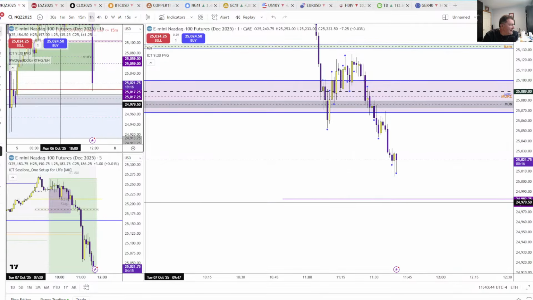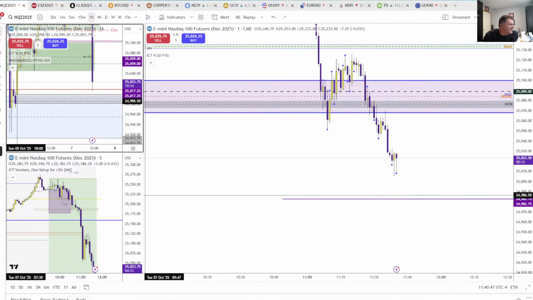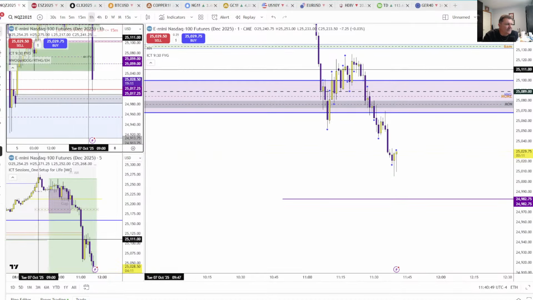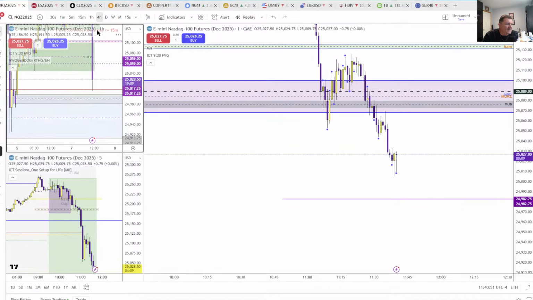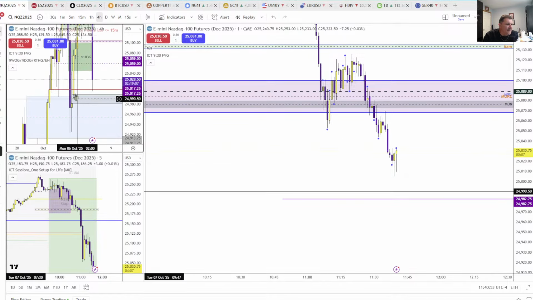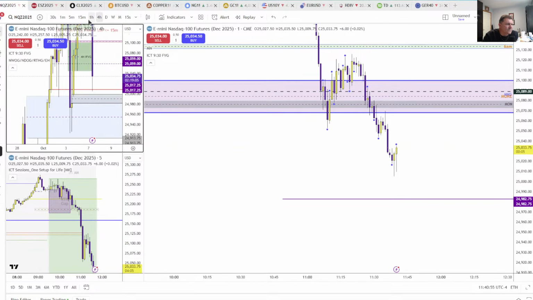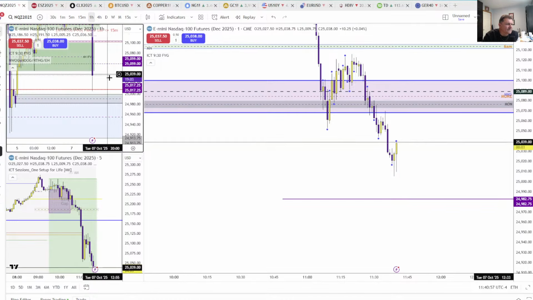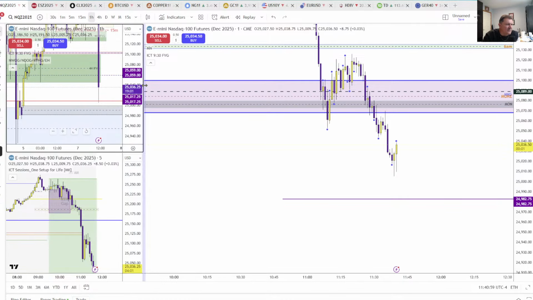That volume imbalance, or actually it's a price imbalance right there on the 4 hour. This is the 4-hour price imbalance right here. That's what we're targeting.